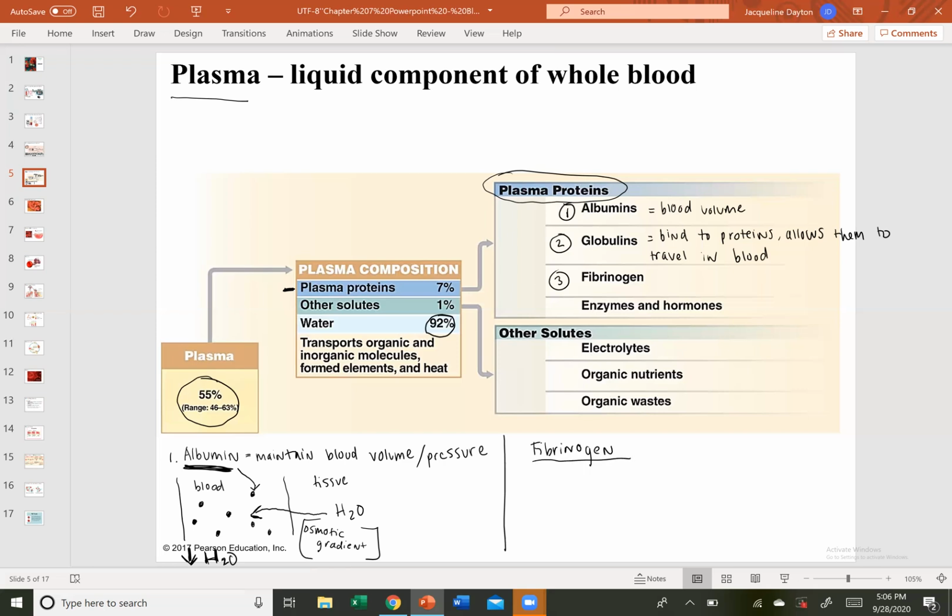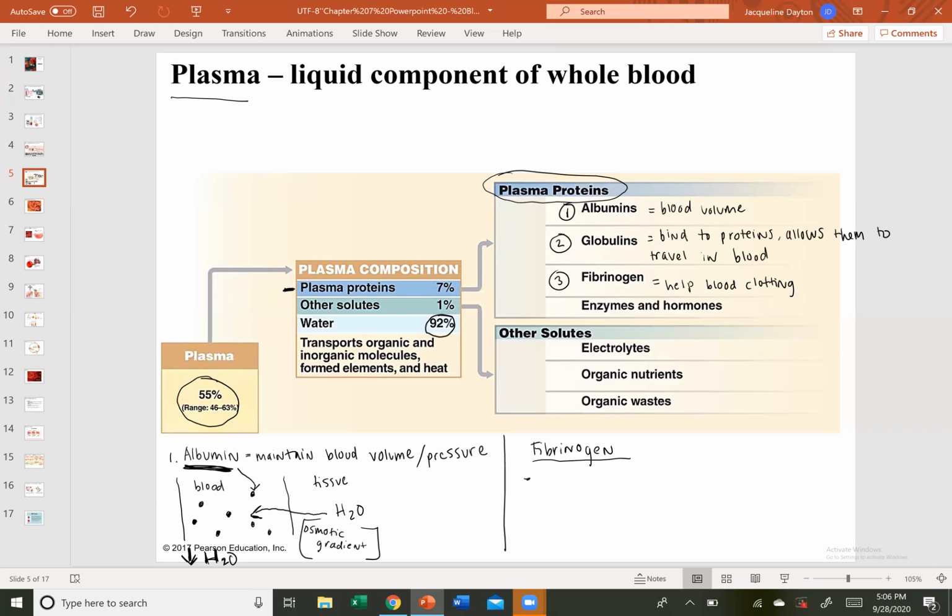Okay, and its job is to help in the process of blood clotting, all right? Or you can also think of it as helping to prevent blood loss, okay? So fibrinogen is in constant circulation in the blood, okay?